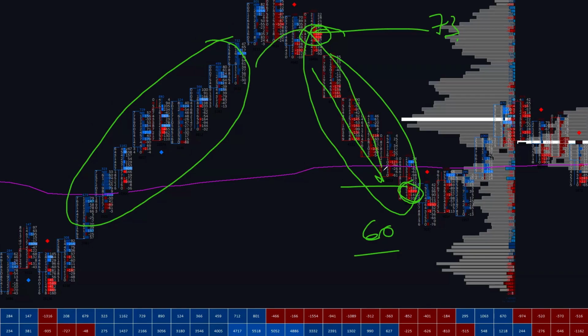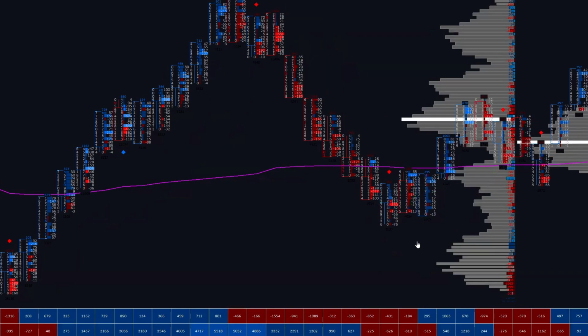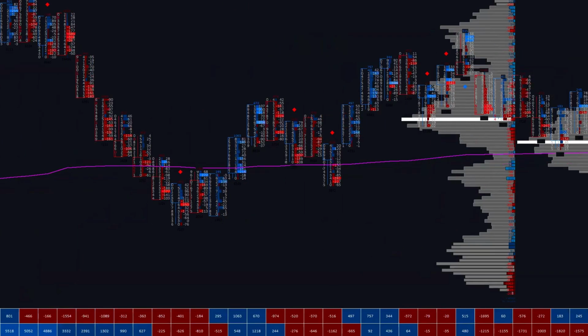Even this whole move, as you look at it, the delta on the day, it's still positive at that point. So if I'm looking at this and I see, okay, there's a certain point where these sellers no longer are strong sellers. The buy side comes in and it's more reactive realistically.